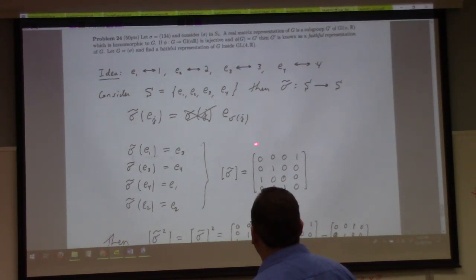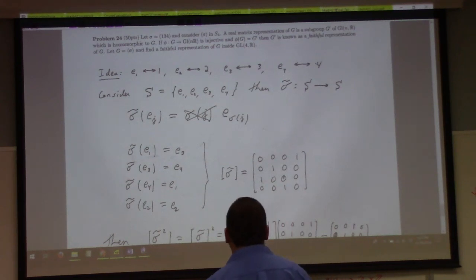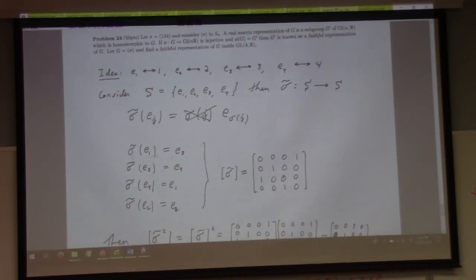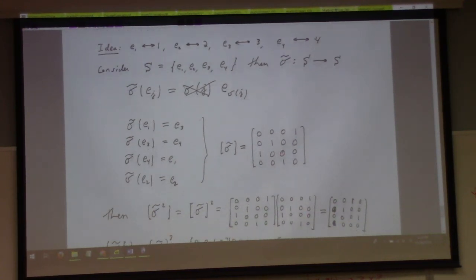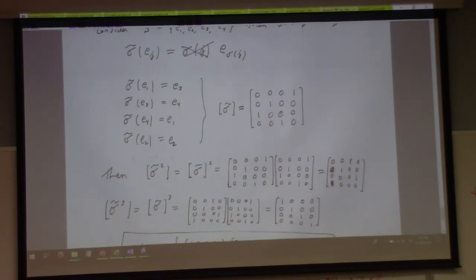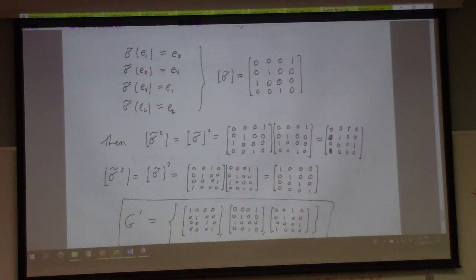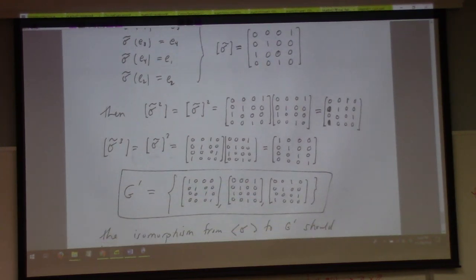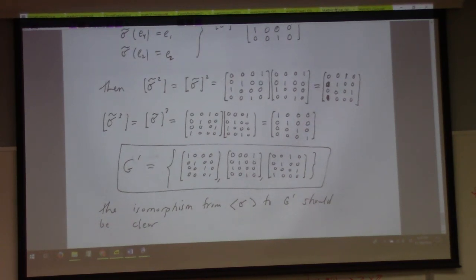That gives me this matrix. And if you look at that matrix, it will generate a group of order 4, I think. Here are the explicit calculations. I mean order 3, excuse me. And there you go. G prime is that. The isomorphism from sigma to G prime should be clear.